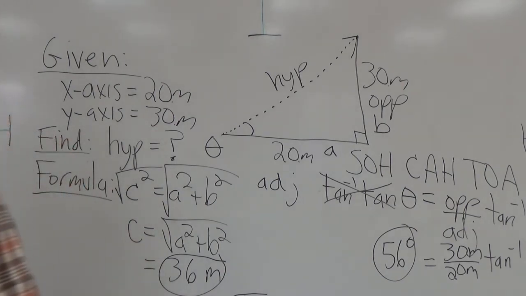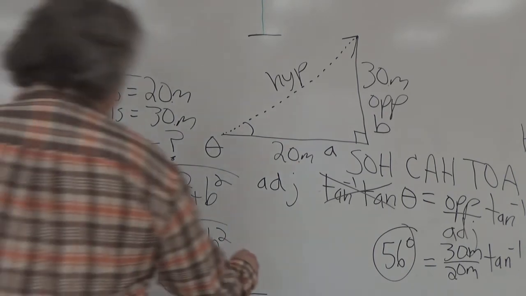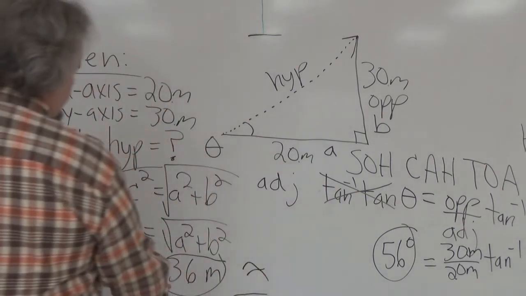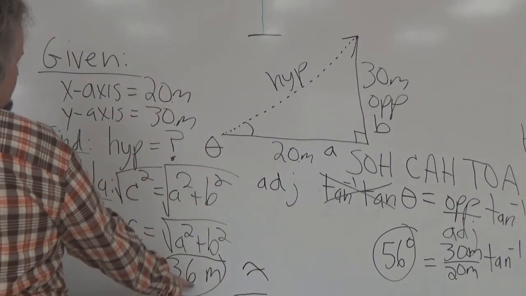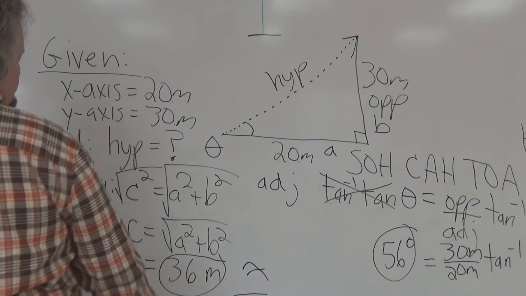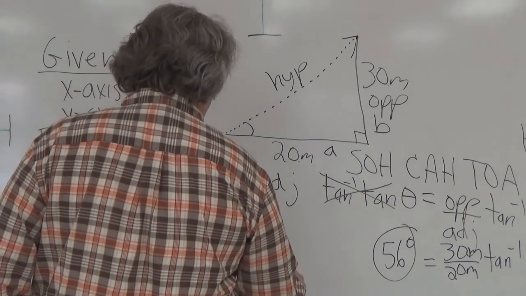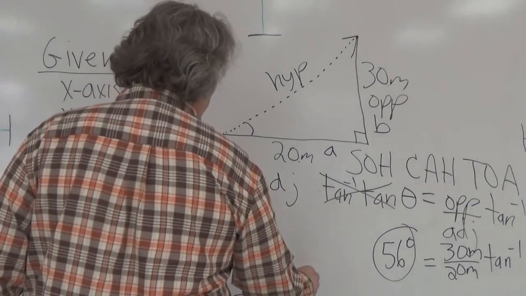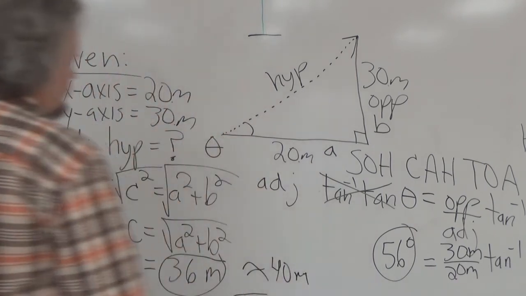And that comes out to be 36 meters, and that's already in 2 sig figs. If you wanted to put it in 1, then you'd have to say, okay, there's the sig fig. Look at the number to the right. Let's round it up. So it would be 40 meters with 1 sig fig. It's less accurate.